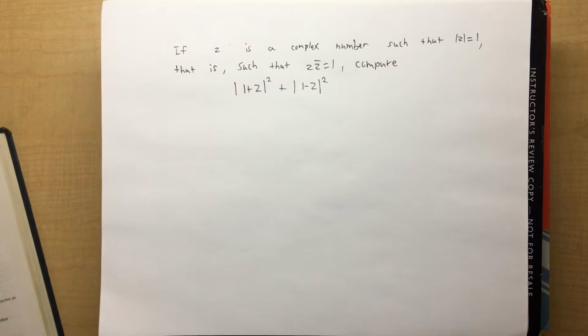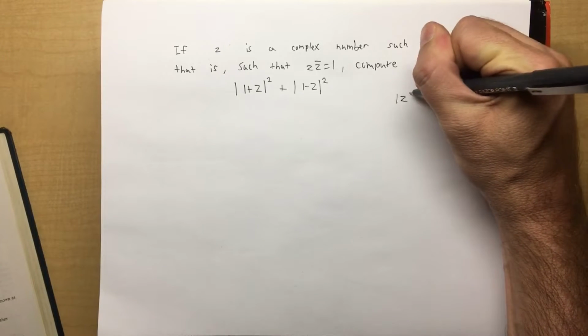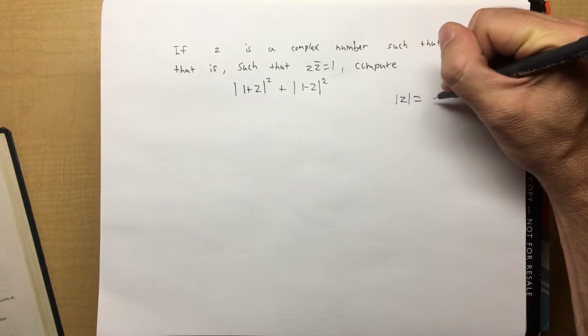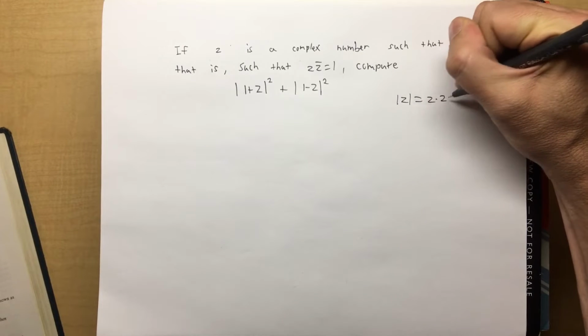So the first thing we need to know is this: the magnitude of z is the square root of z multiplied by the conjugate of z.